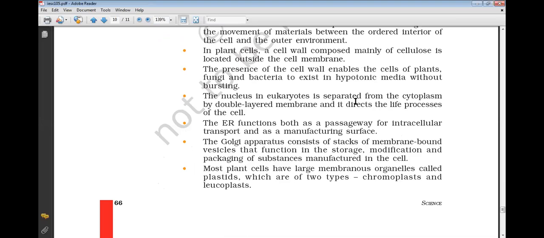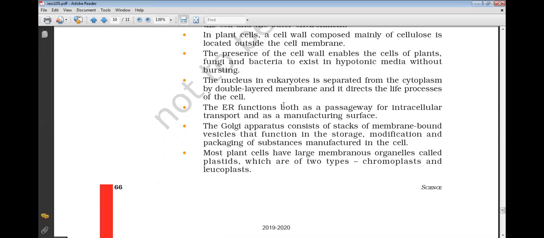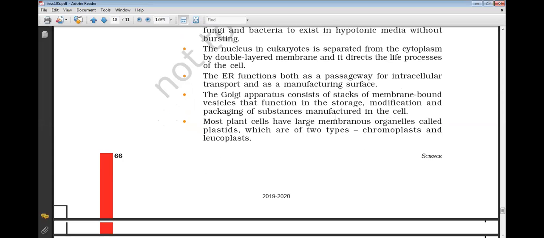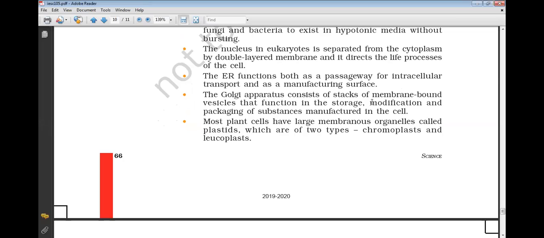The nucleus in eukaryotes is separated from the cytoplasm by a double layer membrane, and it directs the life processes of the cell. The endoplasmic reticulum is a passageway for intracellular transport and a manufacturing surface. What manufacturing surface? Proteins. Who produces them? Ribosomes. The Golgi apparatus is for storage, modification, and packaging.